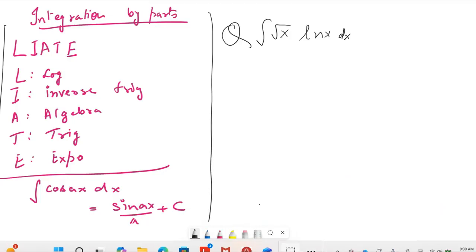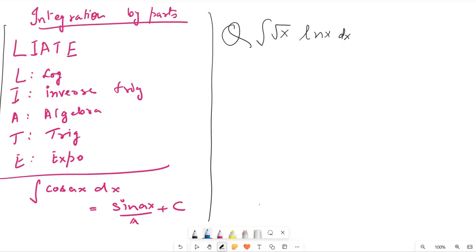Let's try another question. Here we have integral of root x times ln x dx. Let's notice we have two functions, root x and ln x. ln is a log function, so obviously it's coming first, and root x is an algebraic function that's coming after in the series.